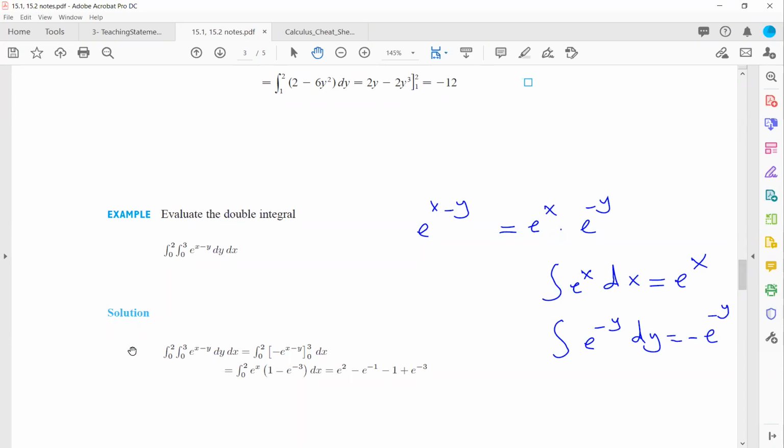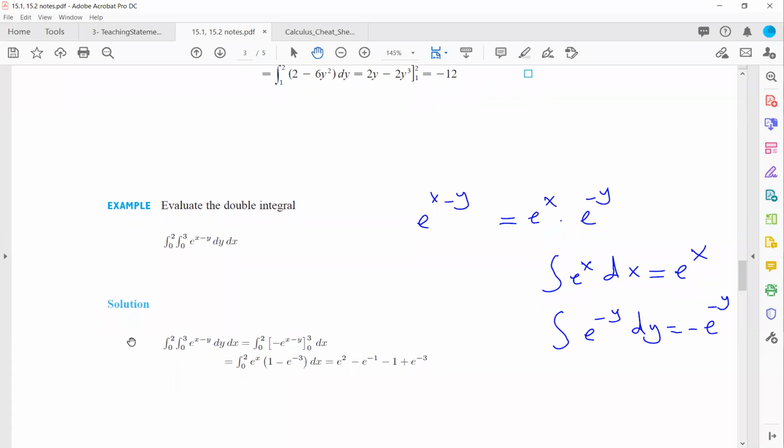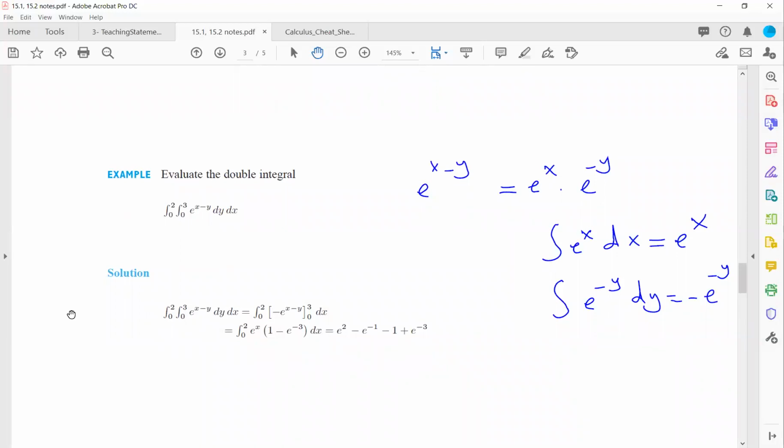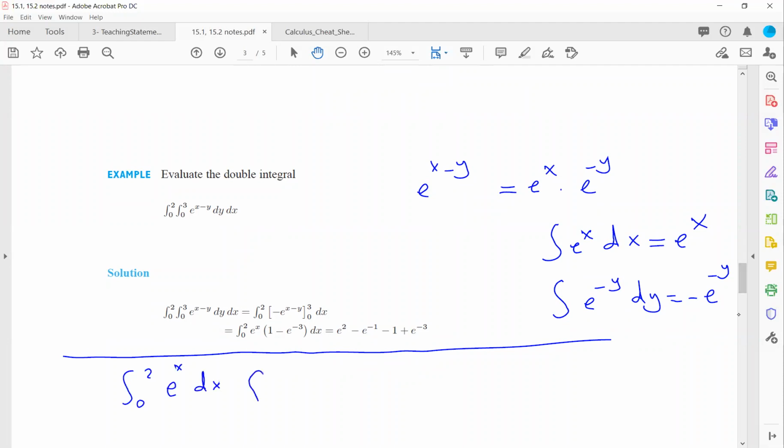Now let us take the integral. The integral of this function with respect to x, with respect to y, or with respect to y, with respect to x can be written this way. Integral from 0 to 2 of e to the x dx, times integral from 0 to 3 of e to minus y dy.